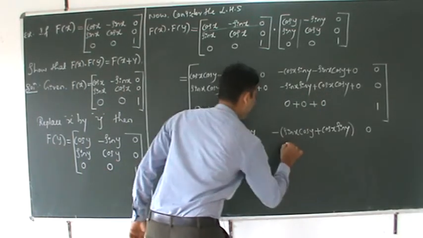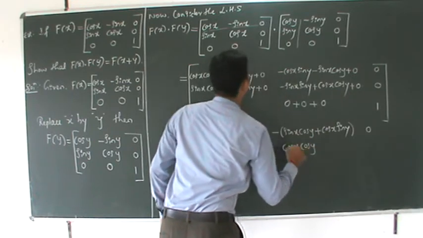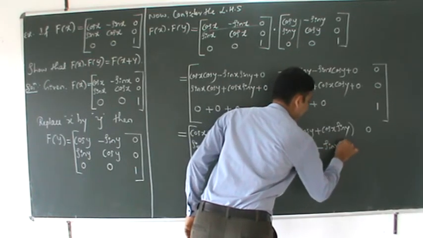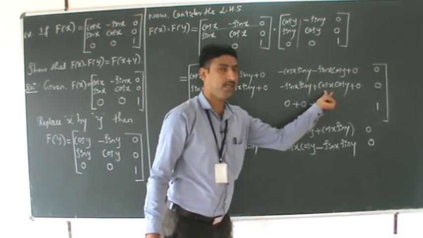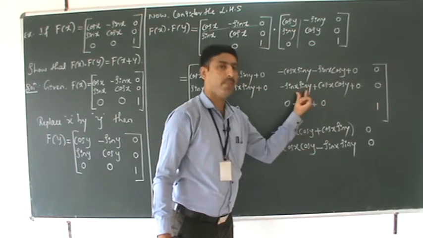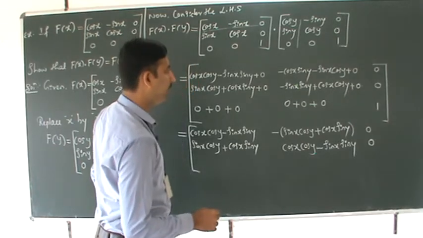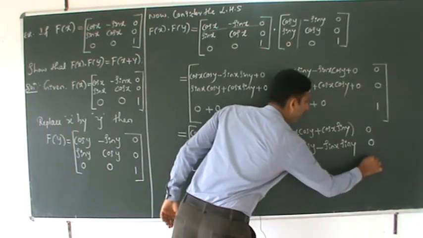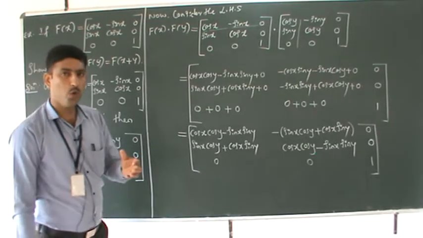Here you write cos x cos y first. Minus sign is negative. Write it as the second part, and the rest of the values should be 0, 0, 1. Correct? Close.